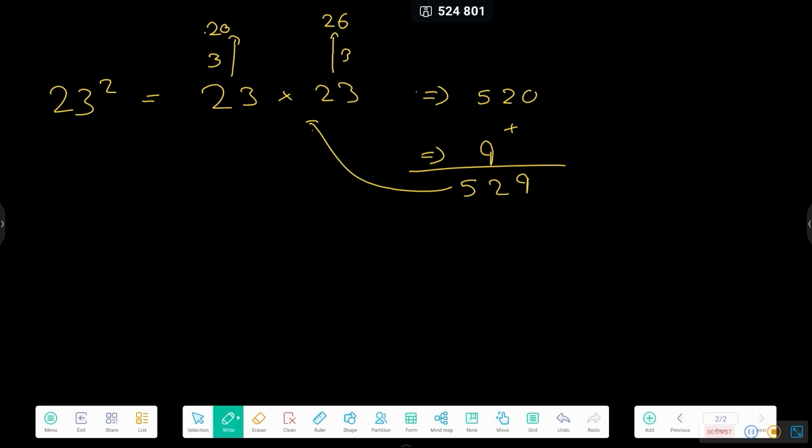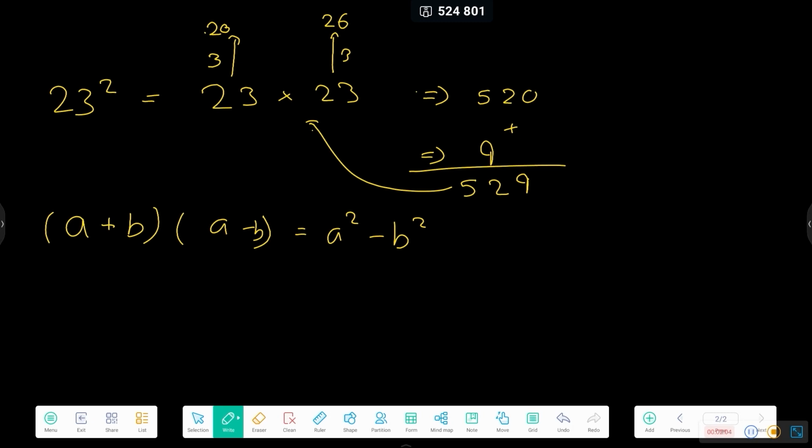Now we've been using this magic trick so much. Let's understand the reasoning behind how we're solving it. We've been using the algebraic identity a plus b into a minus b is equal to a square minus b square.